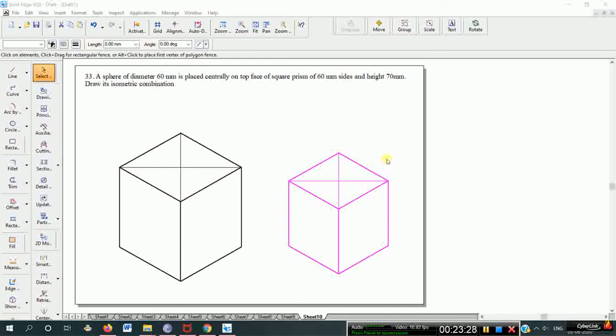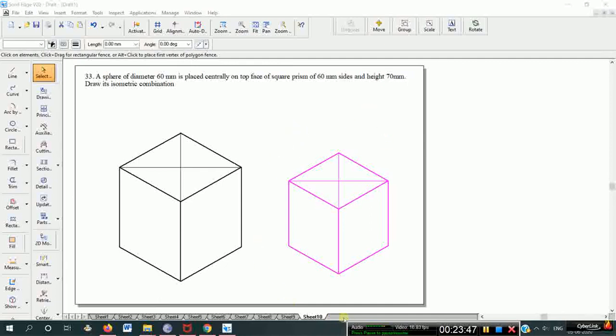It doesn't change its shape or size. So while constructing the sphere, it must be in actual dimension in isometric projection.